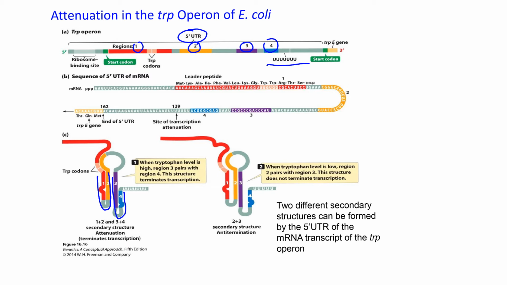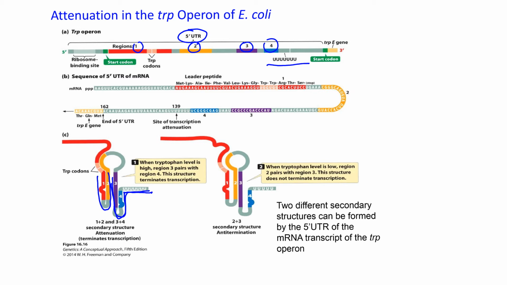If there is a hairpin followed by a string of uracil, attenuation takes place. This structure is called an attenuator because if it forms, the transcription of mRNA will be attenuated, so there would be no further transcription.